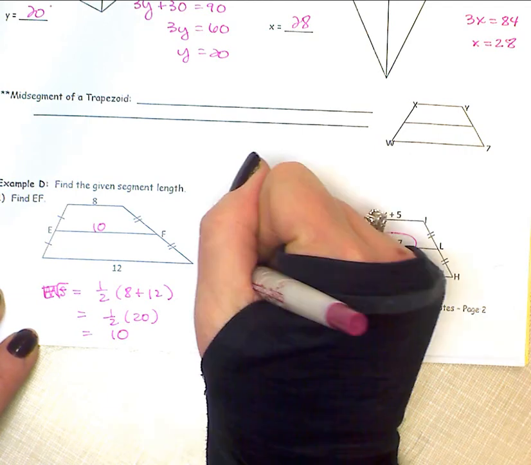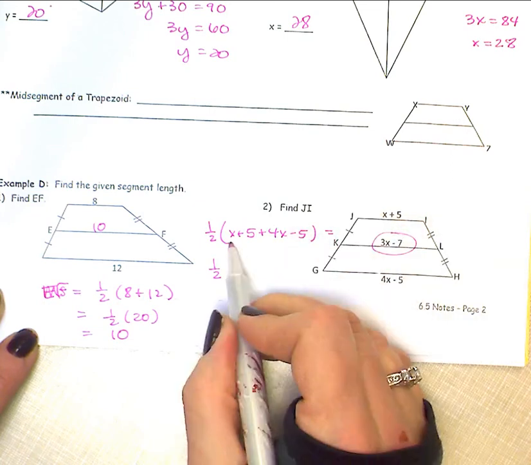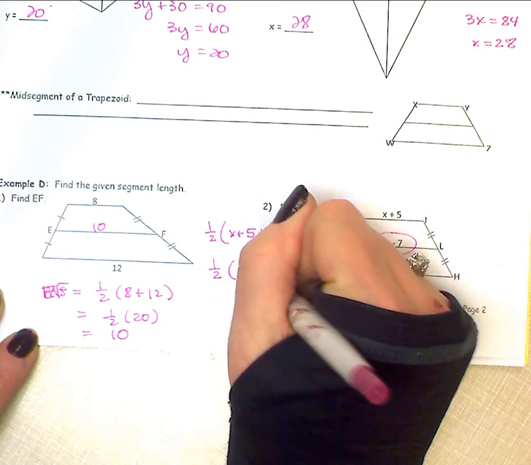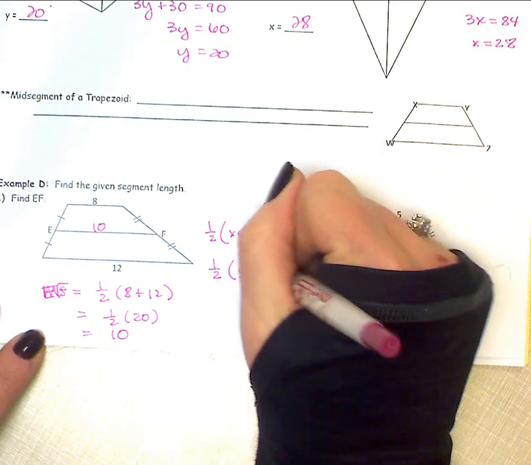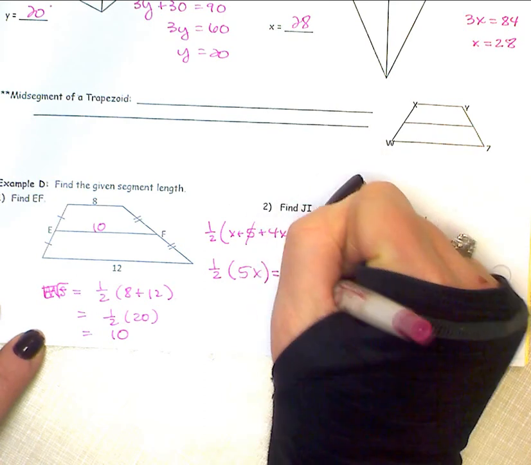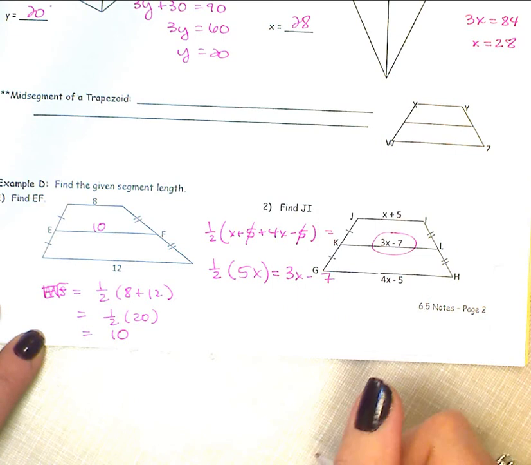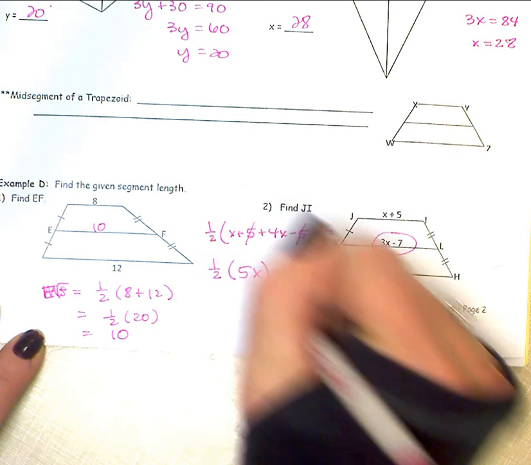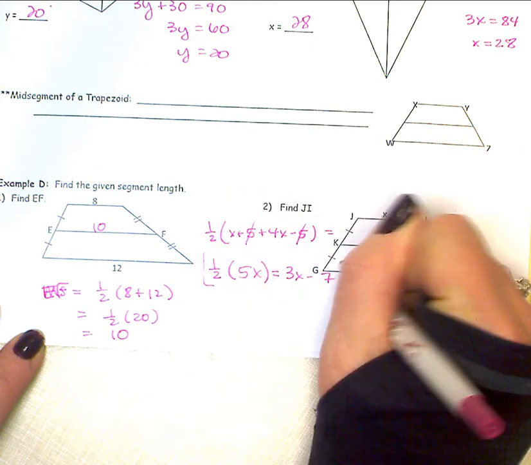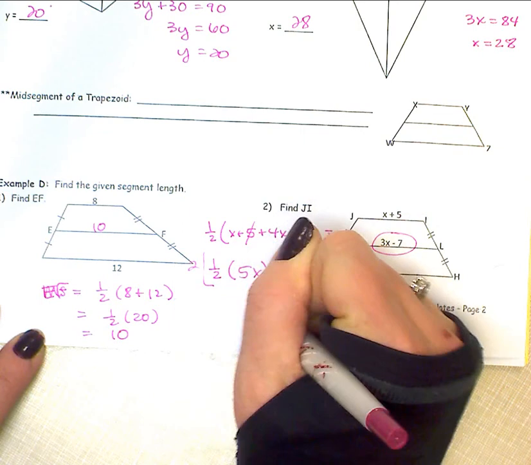So one half, 1x plus 4x is 5x, and the 5's are going to cancel. Equals 3x minus 7. Sorry, not a lot of real estate here. So you always have a choice. I like to wipe out my fraction. So I'm going to multiply everything by 2 to get rid of that fraction.